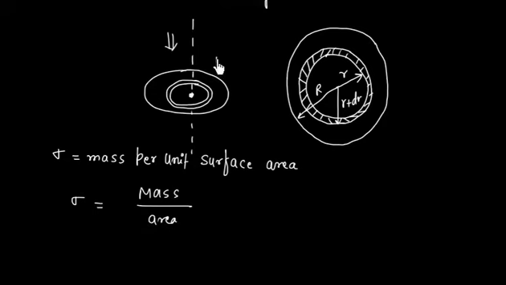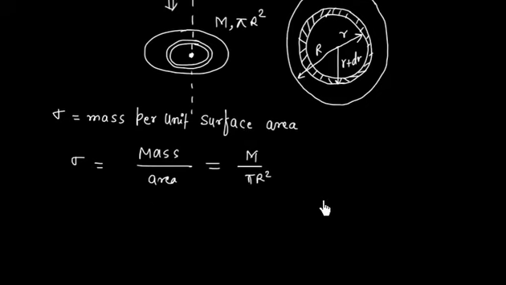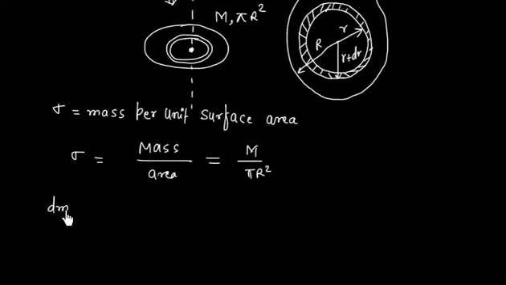Now for this disk, mass is m and area is pi r square. So sigma is m by pi r square. Now let us consider the mass of the elemental ring as dm.